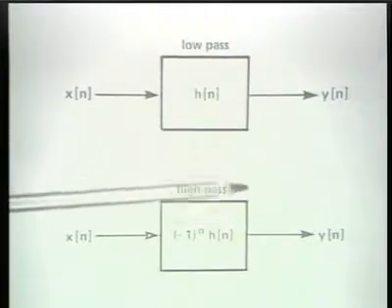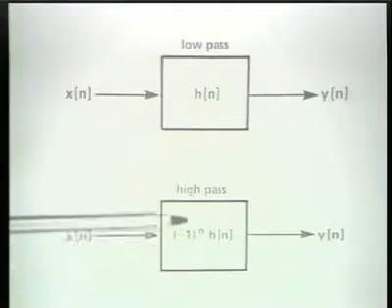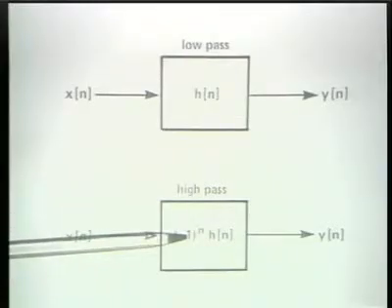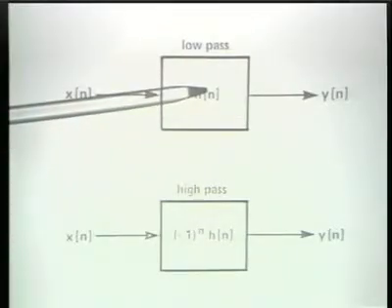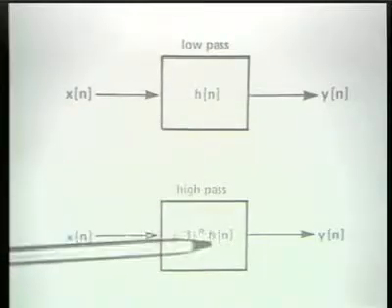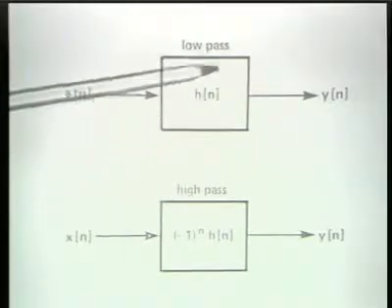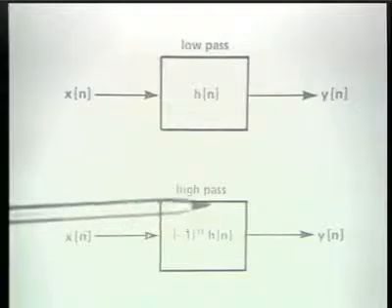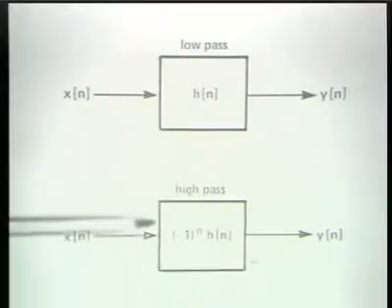And this modulation by -1 to the n will take the frequency response of this system and shift it by pi so that what's going on here at low frequencies will now go on here at high frequencies.